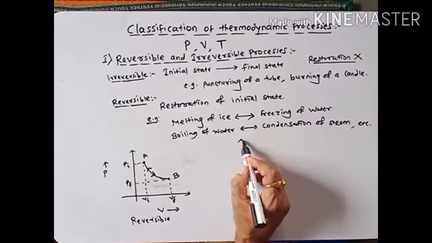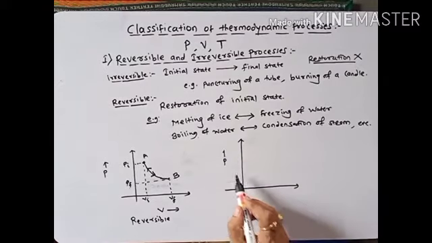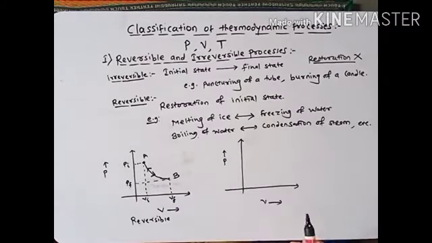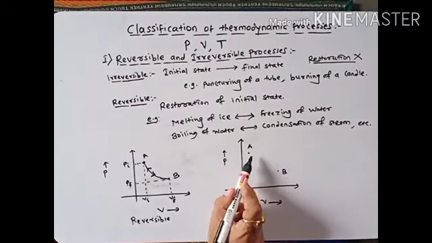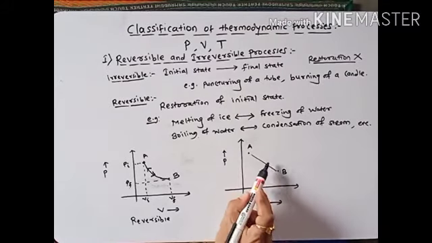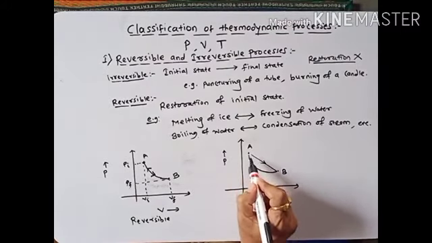And for irreversible, we consider a PV diagram. This is the PV diagram, pressure on y-axis, volume on x-axis. Suppose this is A and this is B. Suppose this is the path A to B. But from B to A, there is a different path.